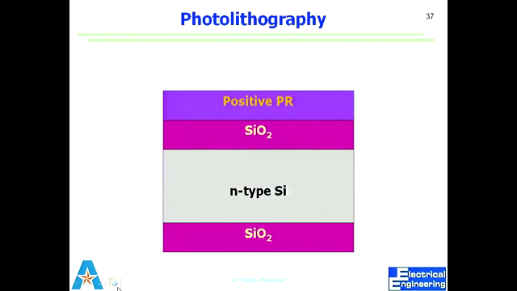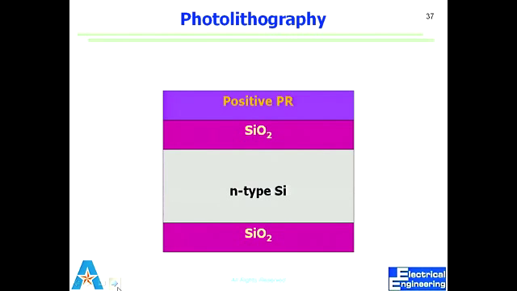Suppose I have two chucks, I spin one at 4,000 RPM, the other at 6,000 RPM. Which one is going to give me a thinner layer of resist? 6,000. Do you agree? Of course.